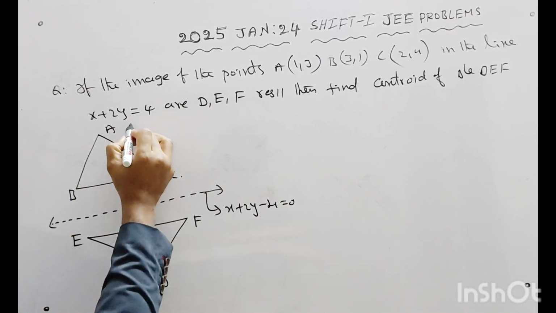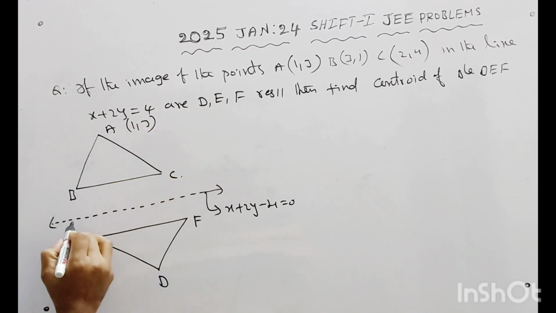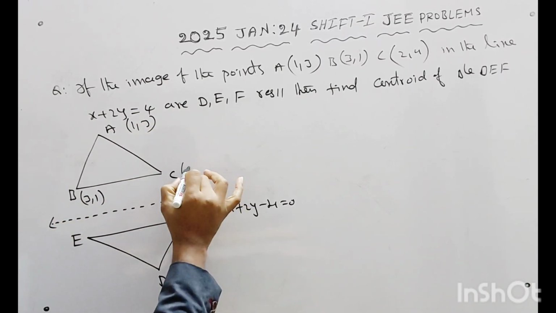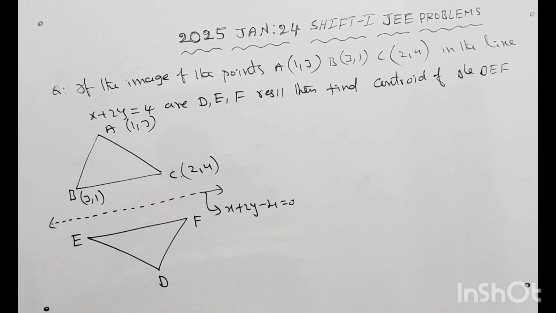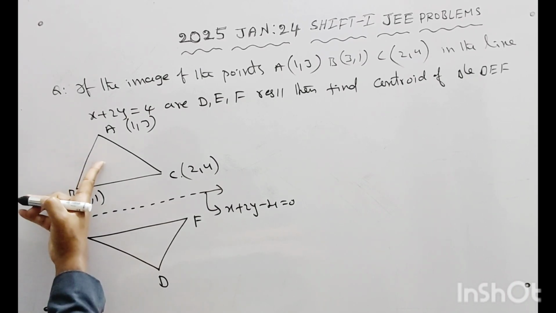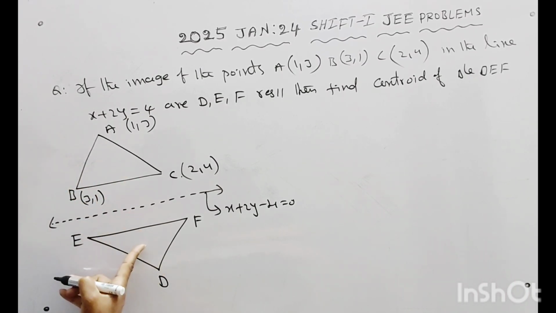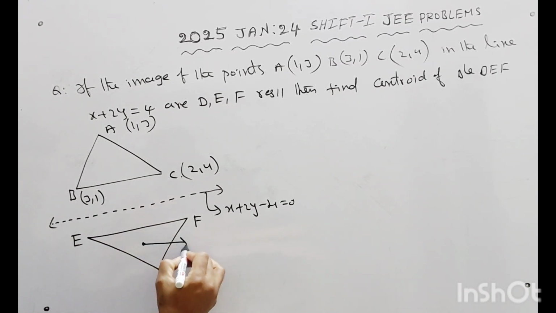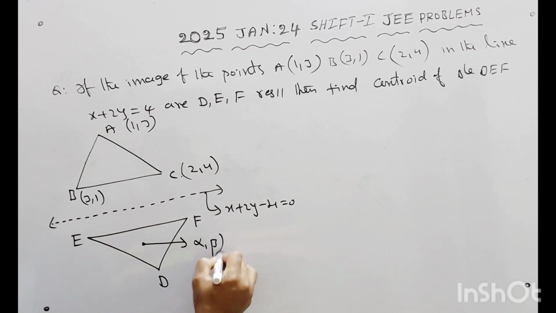Point A is 1, 3, point B is 3, 1, and point C is 2, 4. They are asking for the centroid of this reflected triangle. I am taking this reflected triangle centroid as alpha, beta.